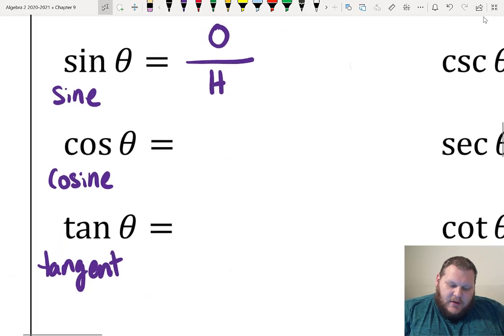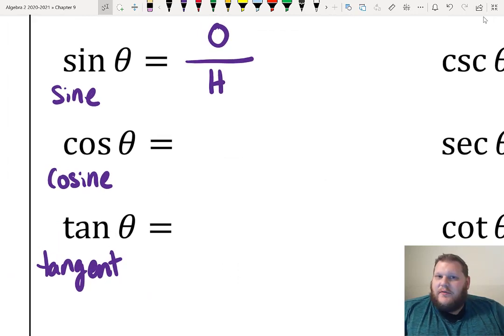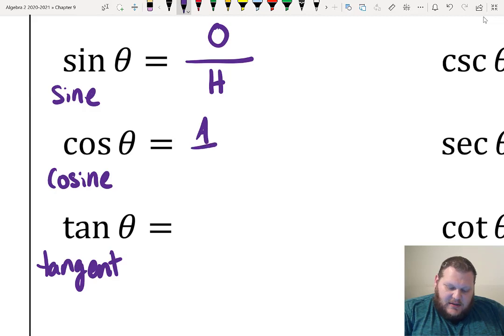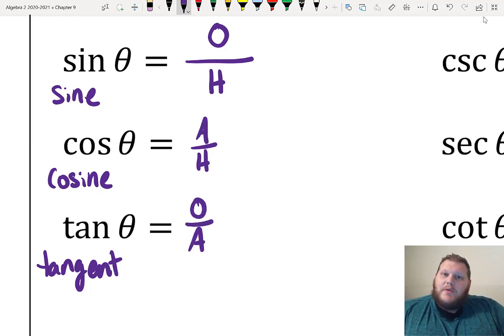So my first 3 big functions: sine is the fraction opposite over hypotenuse. Cosine is adjacent over hypotenuse. And tangent is opposite over adjacent. Those are my most important 3 trig functions, and you've definitely seen them before if you've done trig.